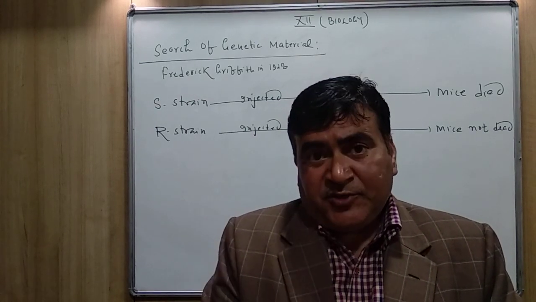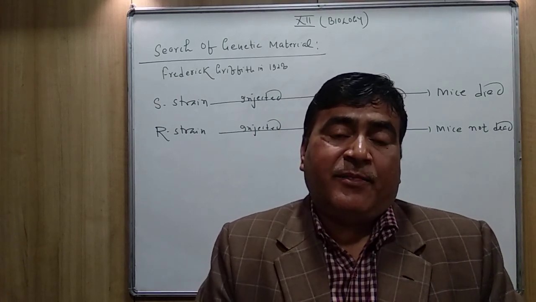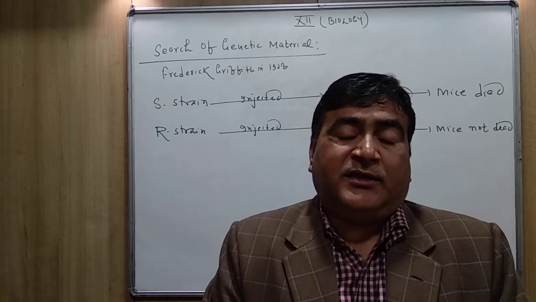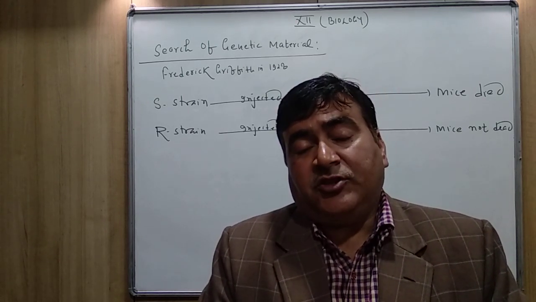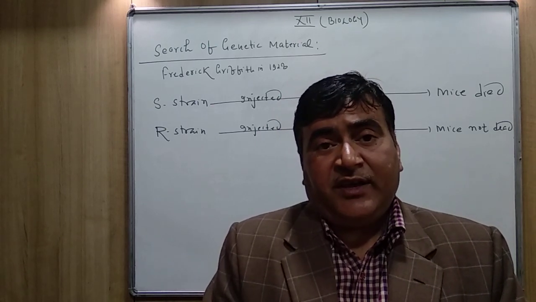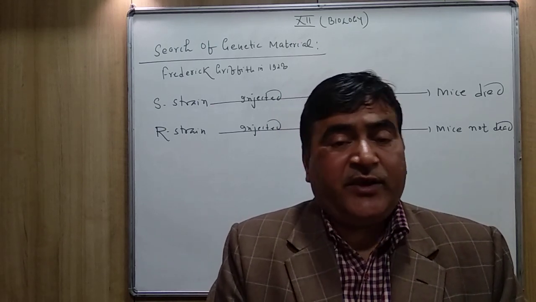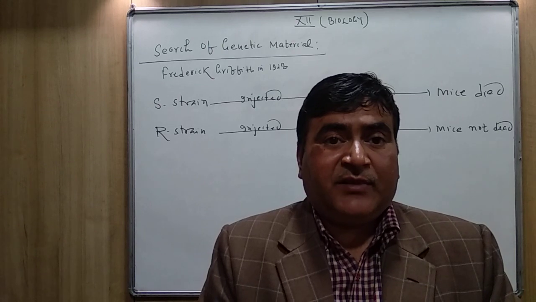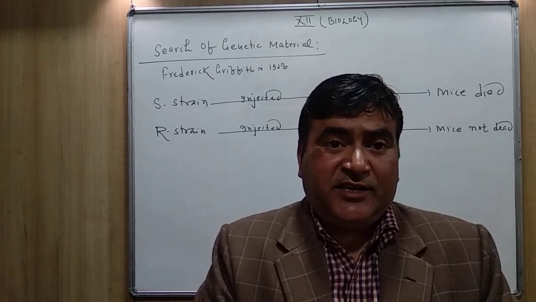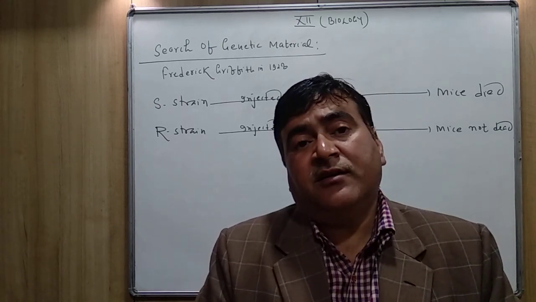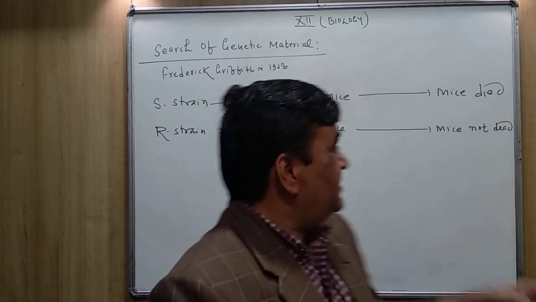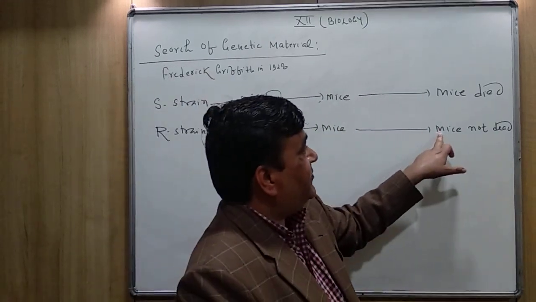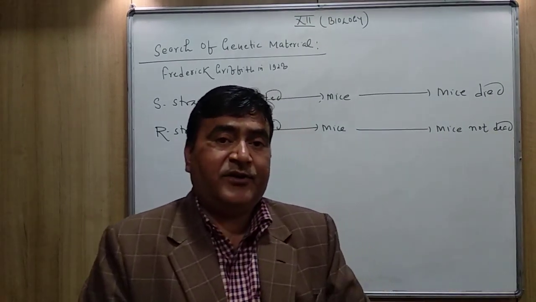It is non-capsulated. The surface is rough. This is also known as avirulent strain. As you know, avirulent strain can't cause any type of disease. It can't cause the pneumonia disease in the mice, and that's why the mice remained alive, not dead.